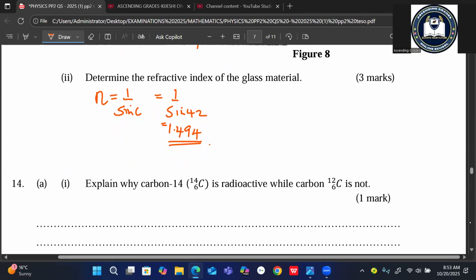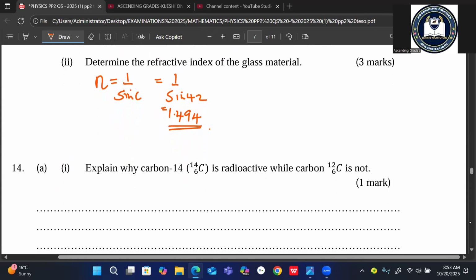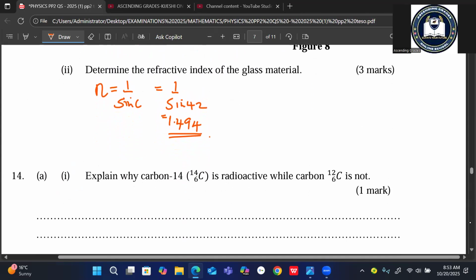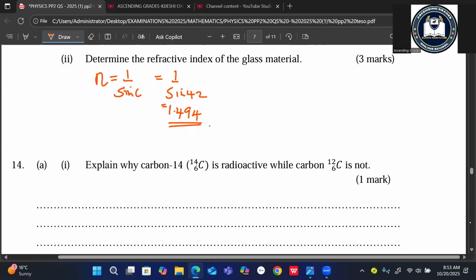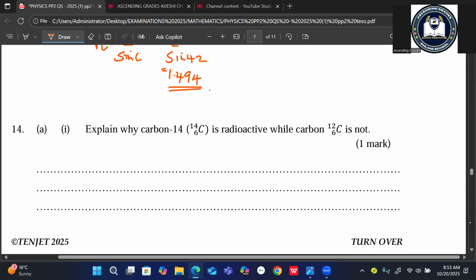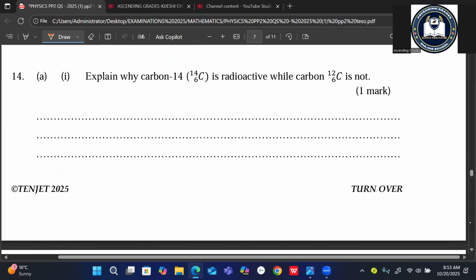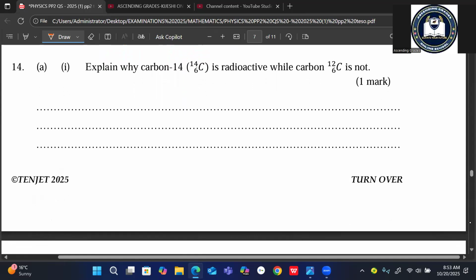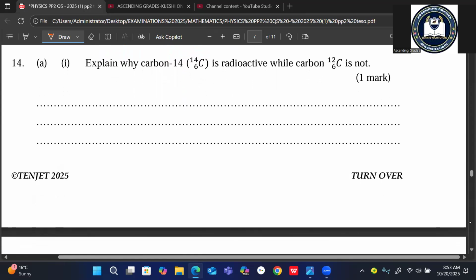Explain why carbon 14 is radioactive while carbon 12 is not. Remember, radioactivity occurs due to instability of the contents in the nucleus. So now, let's compare carbon 14 and carbon 12.